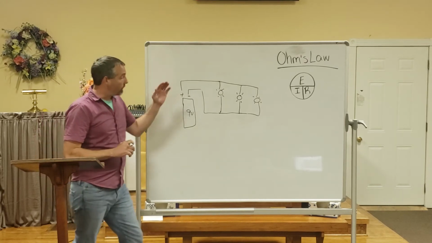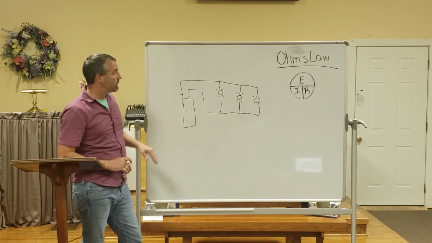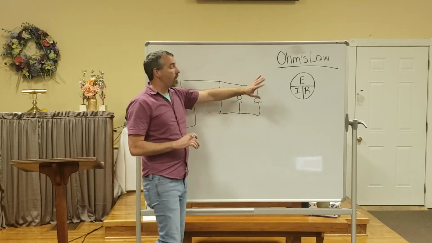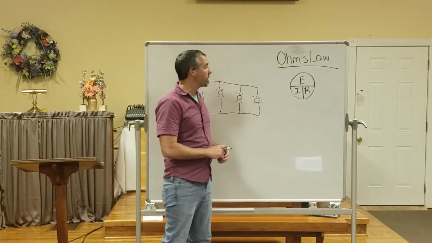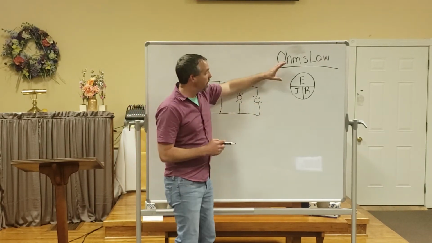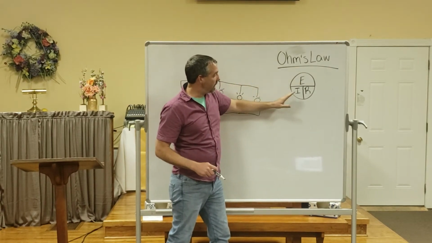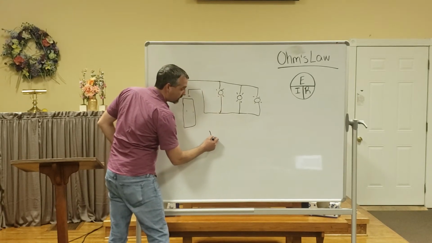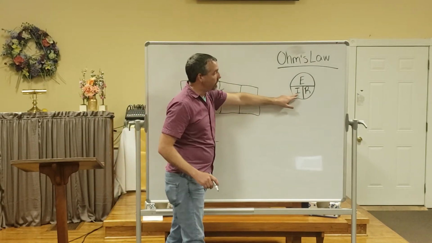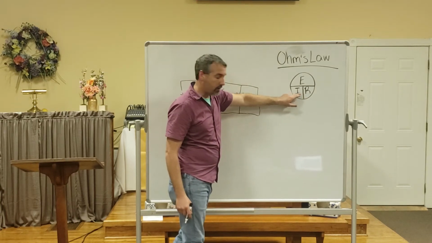So if we did not know what voltage was, then we would use this Ohm's law table, this formula, in order to find voltage. Voltage is determined by whatever the resistance is multiplied by the current.